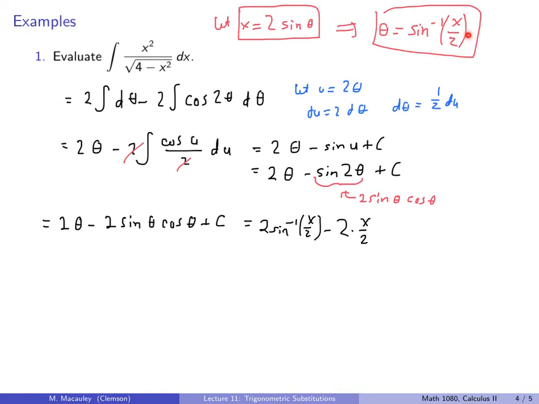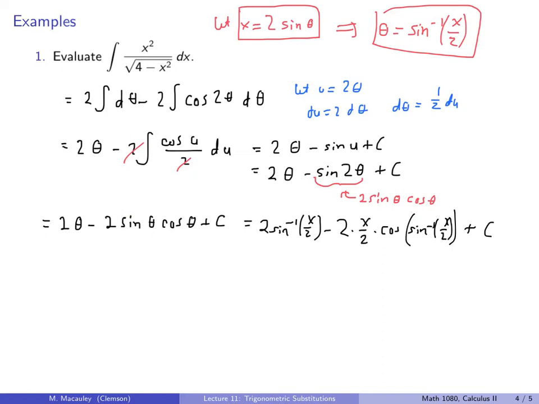But then we're going to have to plug inverse sine in for cosine, so we're going to get cosine of inverse sine of x over 2. While that's certainly true, we can do better than this. This can be greatly simplified.